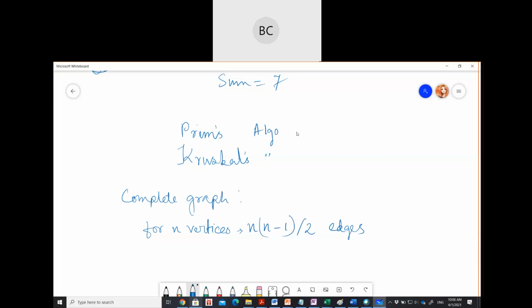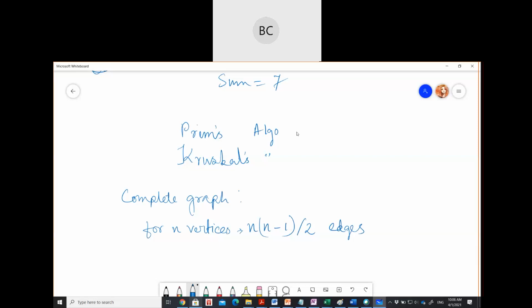Sometimes it's confusing, but it's better you remember these formulas, because for most cases those equations are very similar. If a complete graph is given with four vertices, then the complete graph will contain just 4 into 4 minus 1 divided by 2 edges.